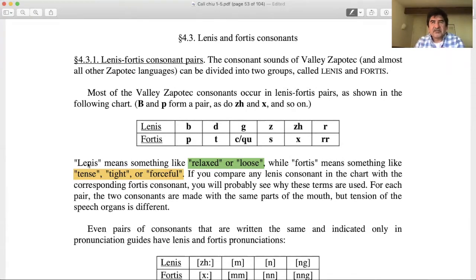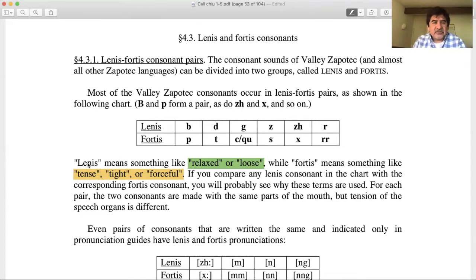One way we used to be asked to tell the difference, like between the B and the P, is to hold a sheet of paper in front of you. With the P, you can see the sheet of paper actually moving, and with the B it hardly moves. I don't know if that makes sense, but it's one way to tell that you are pronouncing them correctly.